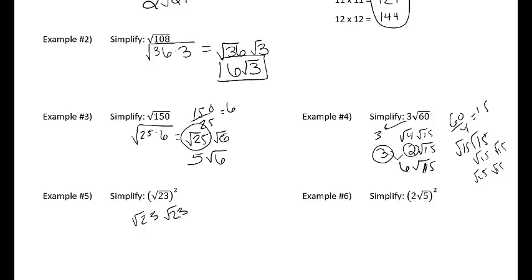Some people might say, okay, well, I'm going to start doing my math. Okay, so radical 23 squared is 529. If you square root 529 in your calculator, it spits out 23. Because when you square something and when you square root something, you're basically doing opposite operations.